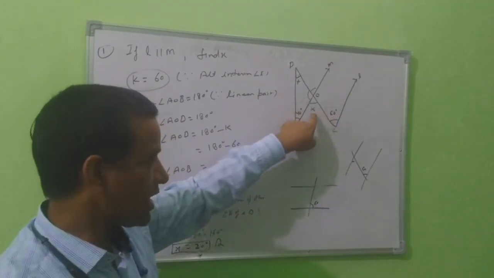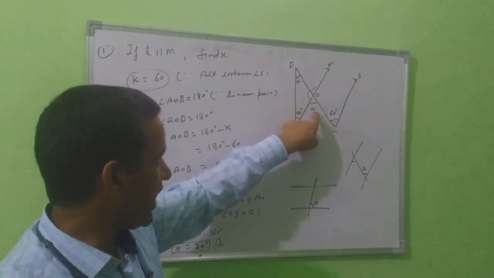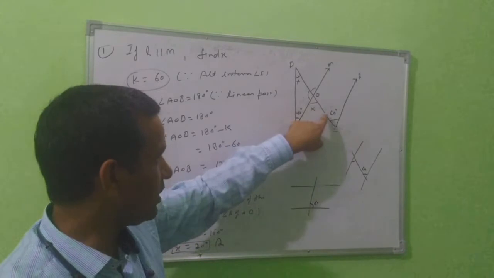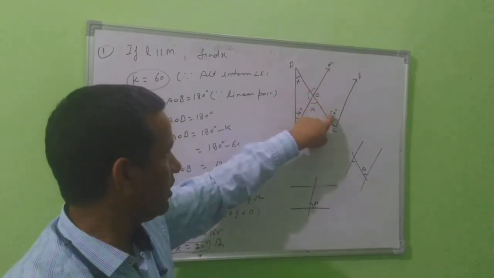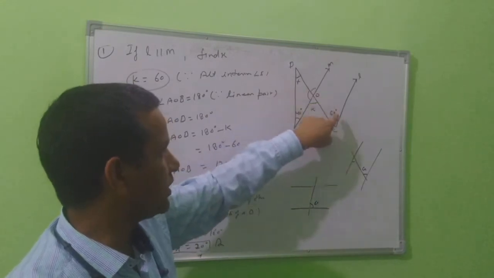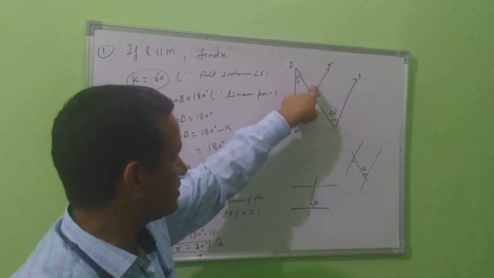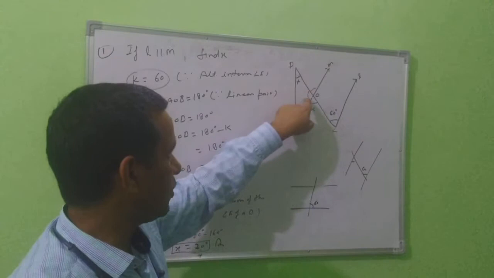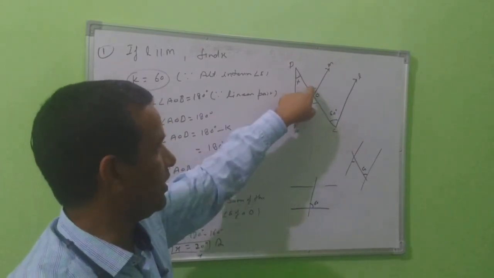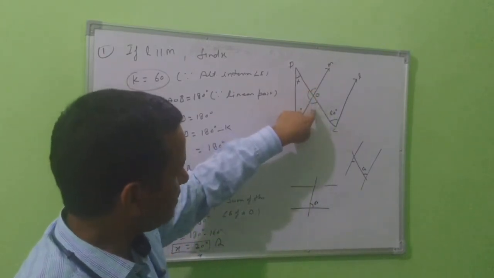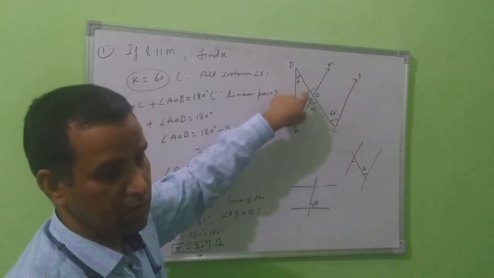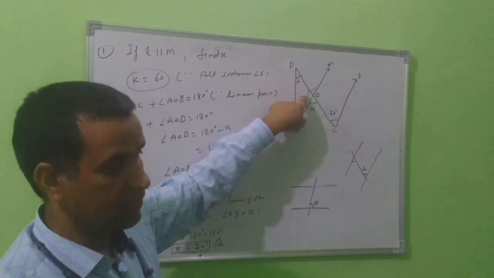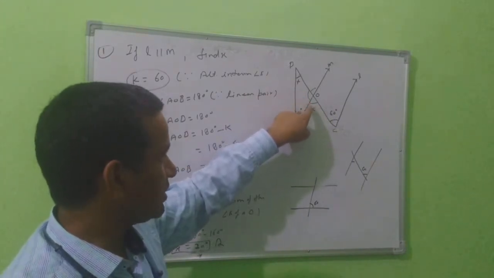Suppose you use the alternate angle, then you can find K; or the corresponding angle, and then the linear pair. Use only one track.